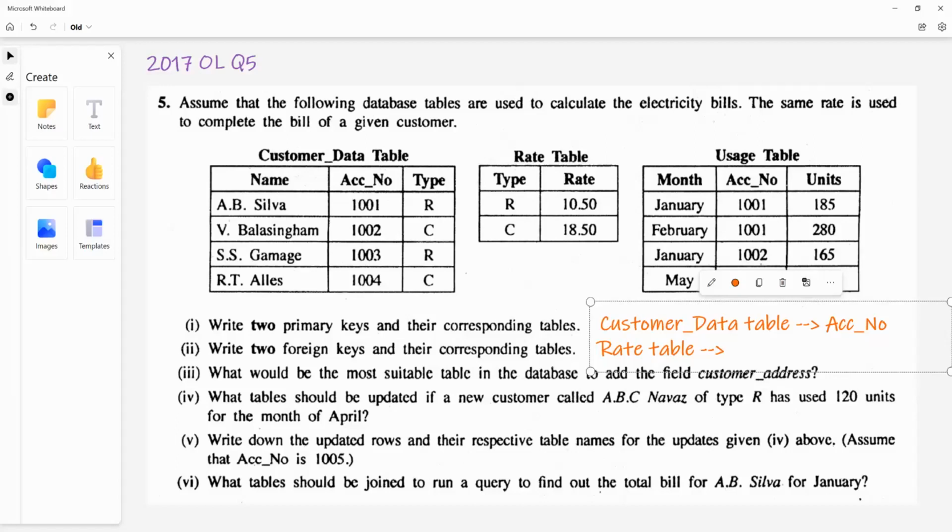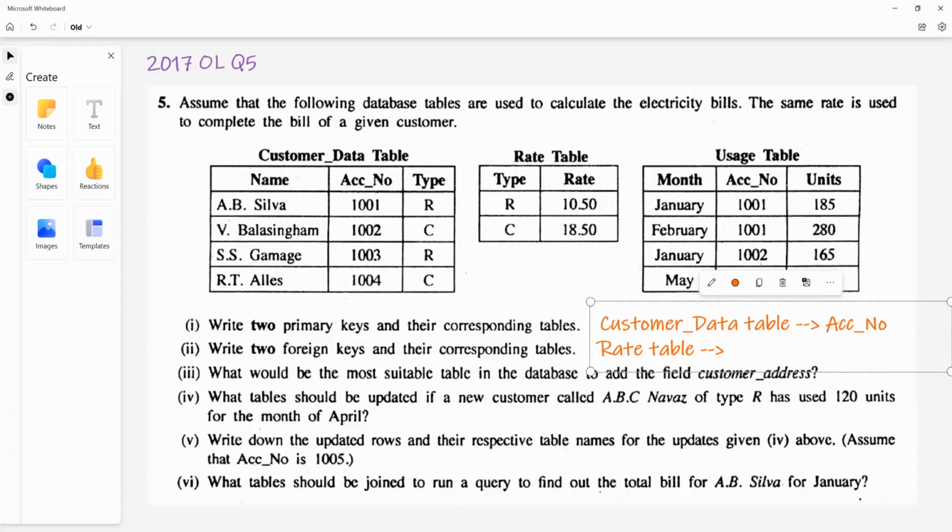Primary key for the rate table. Rate. Ivanka, what is the primary key for the rate table? Type.